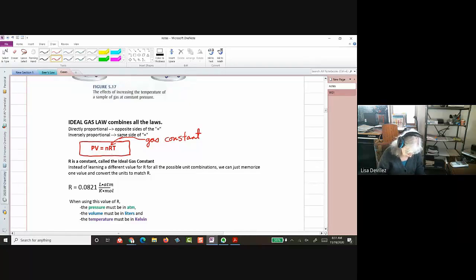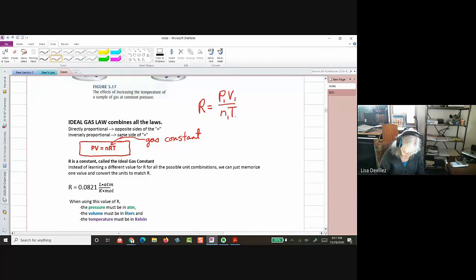And if I rearrange this equation to set it equal to that constant, then I get R is PV over NT.